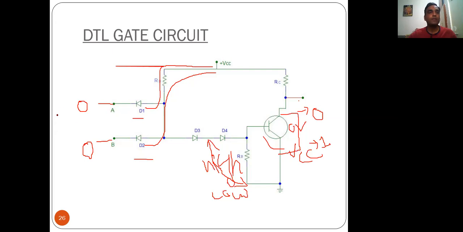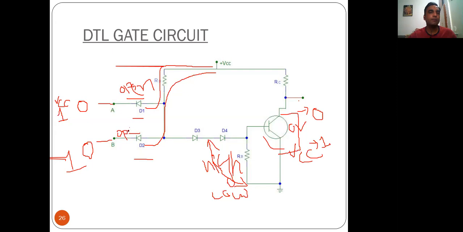Now what happens when you apply 1 to A? 1 means VCC. So what will happen to the diode D1 at that time? Over here it is VCC, and over here also it is VCC, so it will be open circuit whenever I apply 1. In the same way, at input B, whenever I apply 1, D2 will be open circuited.